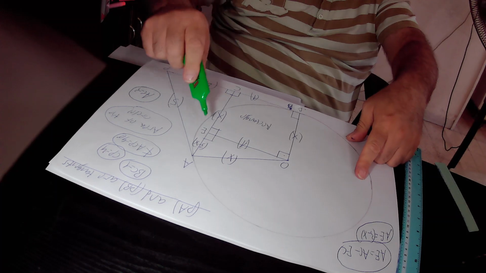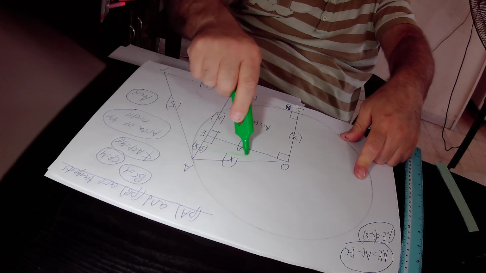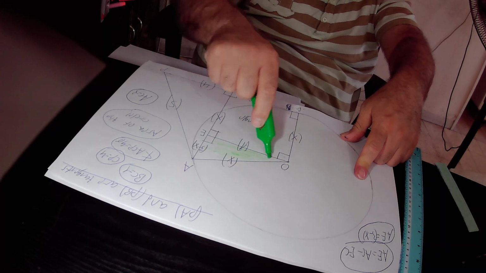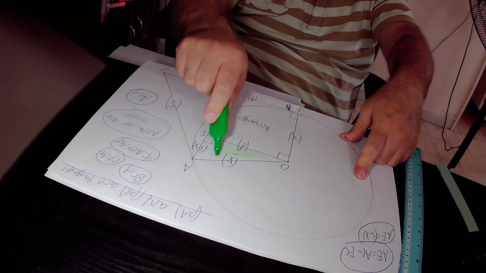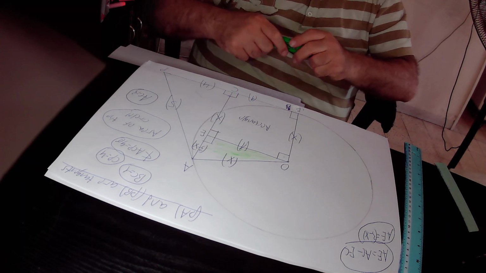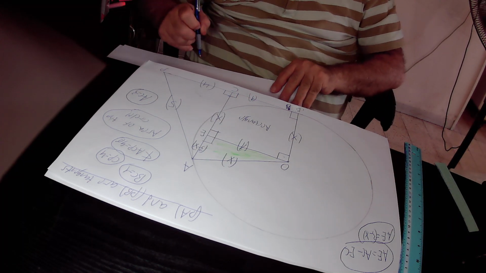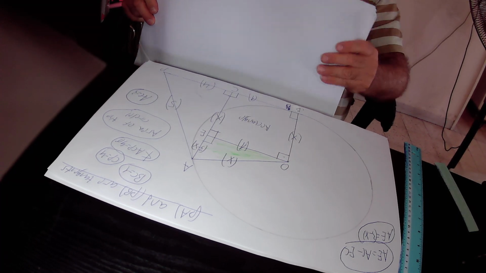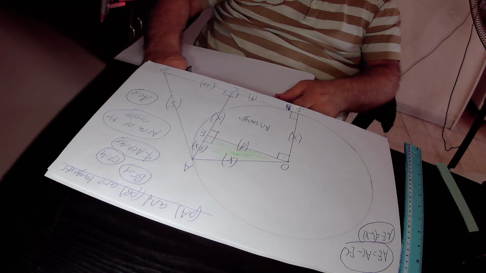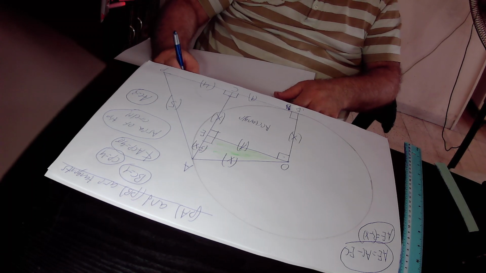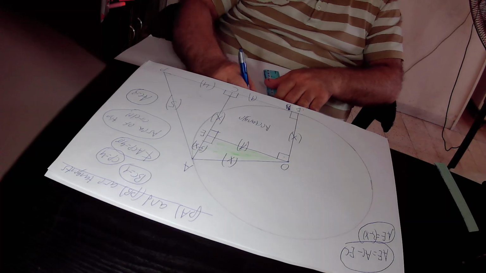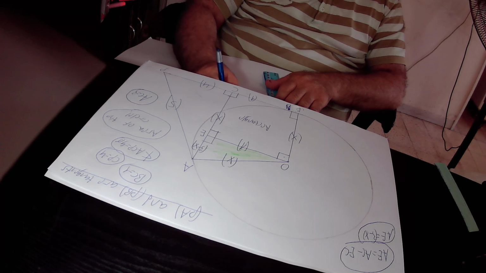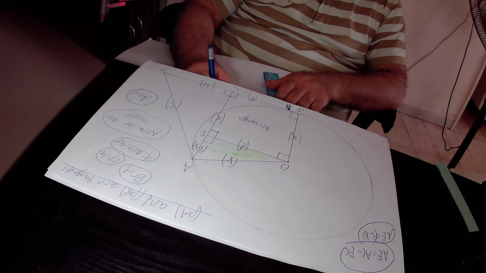In the next step, I'll copy the right triangle OEA onto a new page and we'll apply the Pythagorean theorem on this right triangle OAE. Here PT is the abbreviation for Pythagorean theorem.